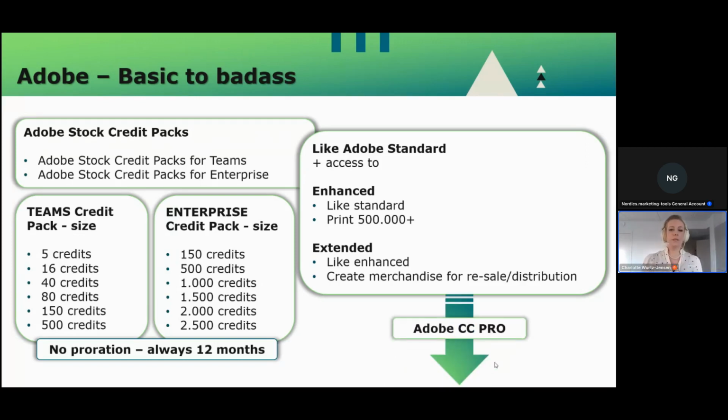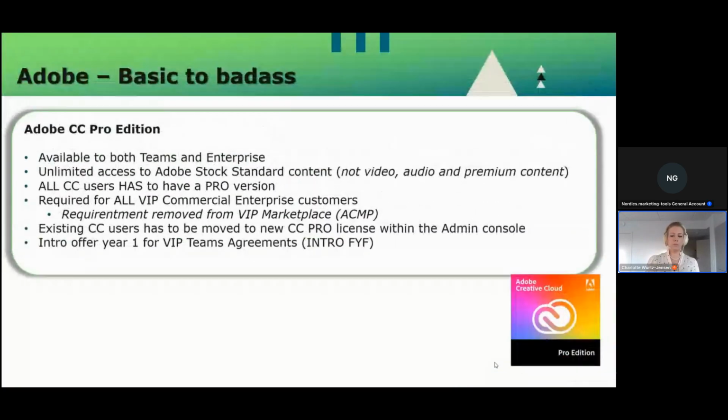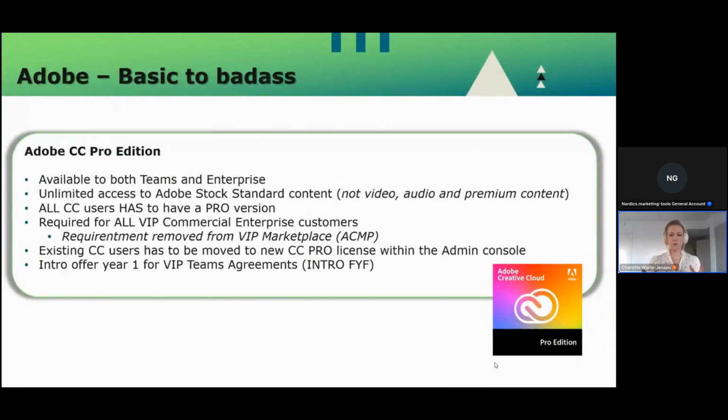And now to Adobe CC Pro, as I mentioned. So CC Pro is the Adobe Creative Cloud products, including Acrobat Pro with the access to standard content. This is available to both Teams and Enterprise. So here we are talking about the Creative Cloud All Apps, including stock.